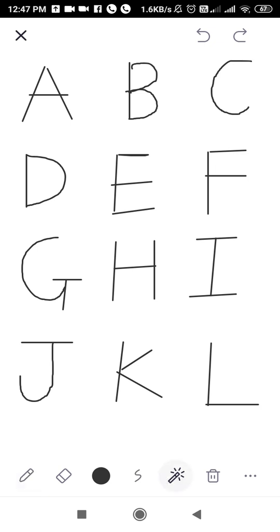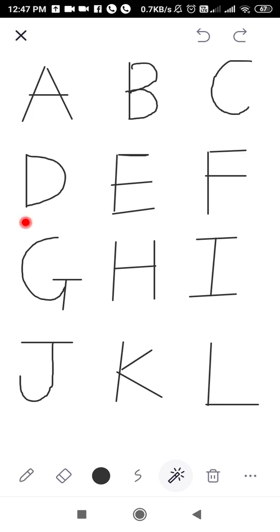So first letter what we have drawn? A. A for apple, A for aunt. Okay, B. B for ball, B for bat. Next letter is letter C. C for cat, C for cock.